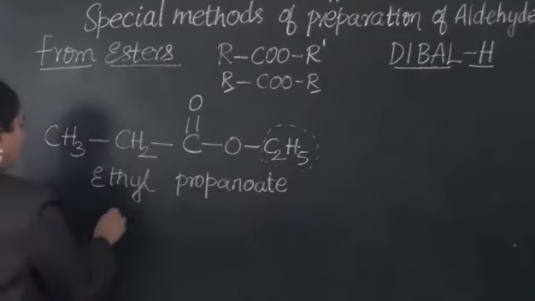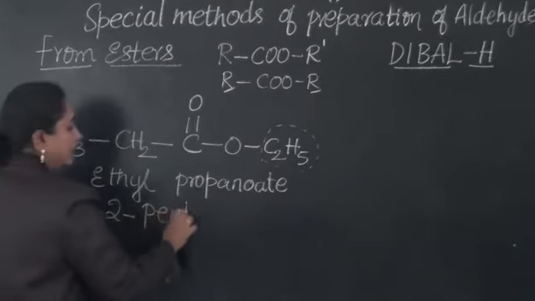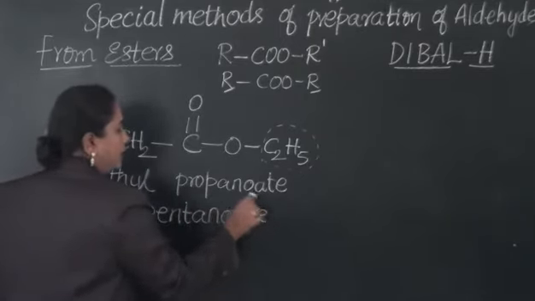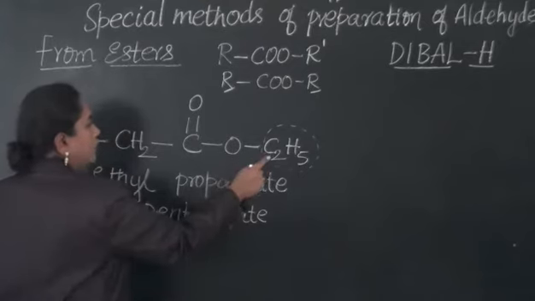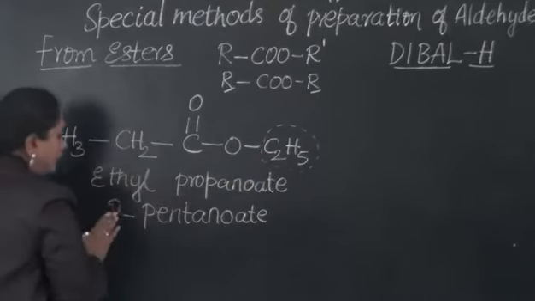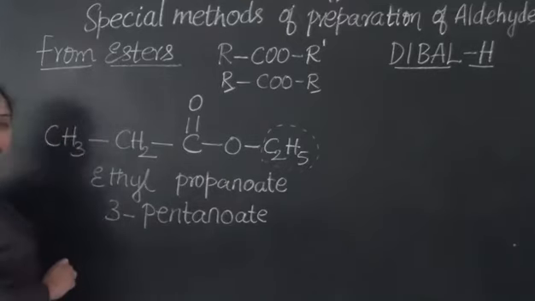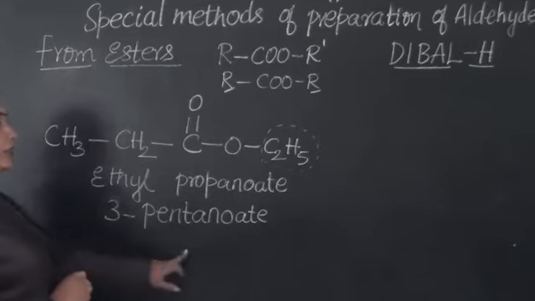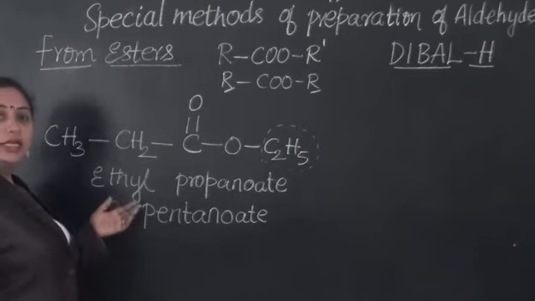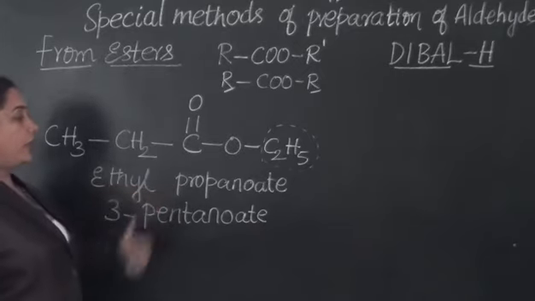So we can also call this compound 2-pentanoate. Why? It's not 2, actually 3. There are 2 carbon atoms and then the 3rd carbon atom. From here also this will be the 3rd carbon atom. So I will correct this. The locant to be given is 3. So 3-pentanoate is also a correct IUPAC name. For easy understanding, let us keep this name, ethyl propanoate.